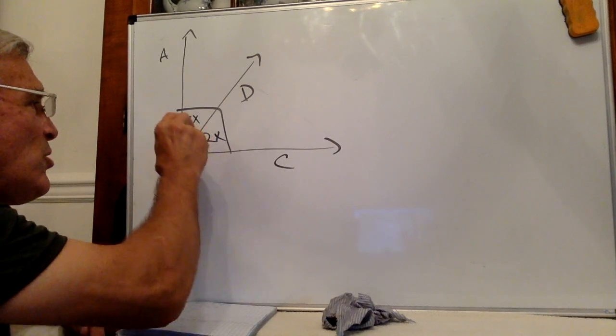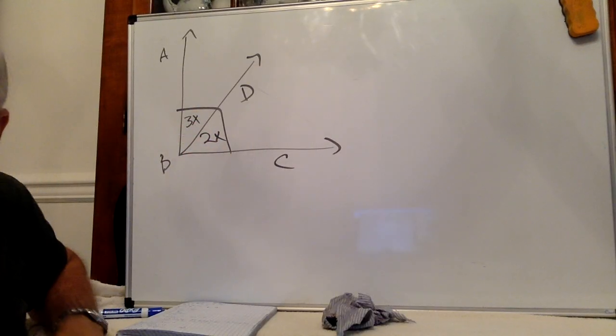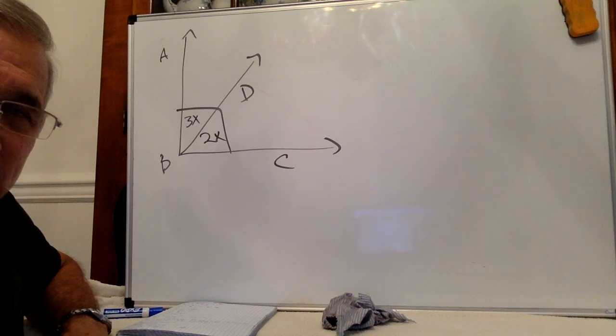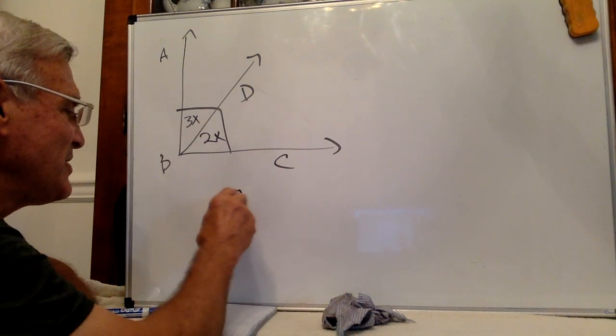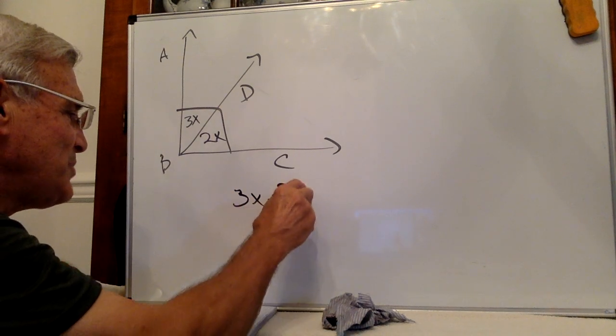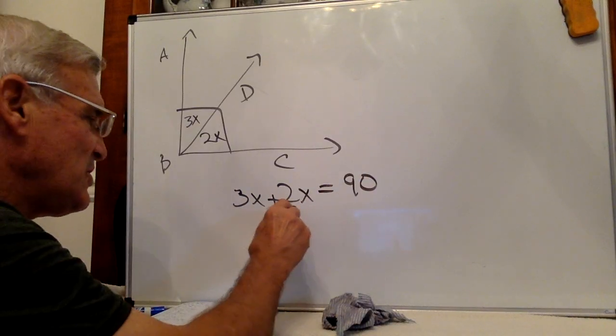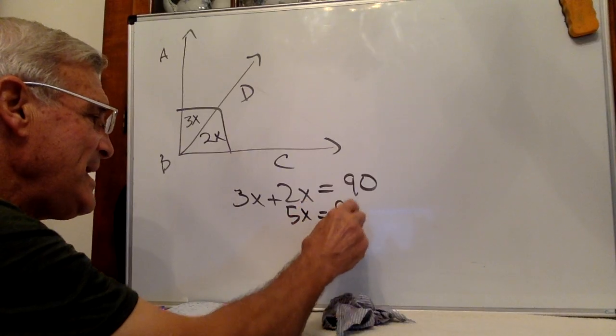And what do I know about the two angles when added together? The two angles when added together form a right angle, which is 90 degrees. So your equation is 3x plus 2x has to equal 90. So 5x is equal to 90.